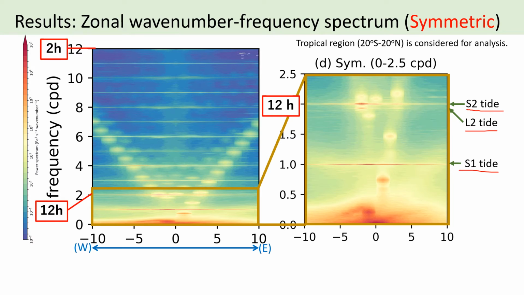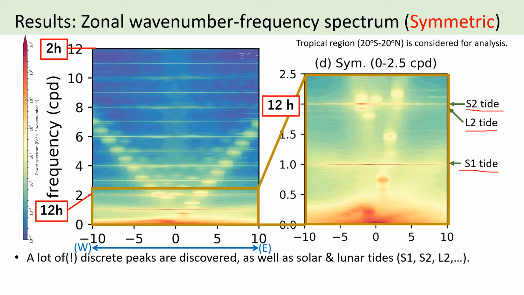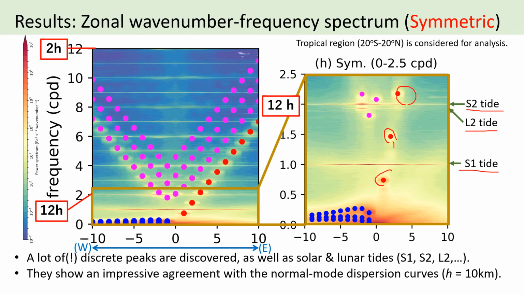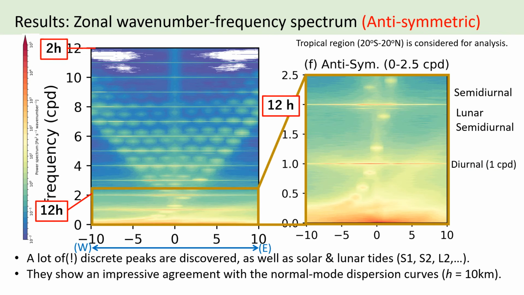And in addition to them, we see lots of clear discrete peaks like this, like this. And actually, when we superpose the theoretical dispersion curve for the normal mode frequency, we found that they show an explicit agreement with this theory. And this is true for the anti-symmetric components.